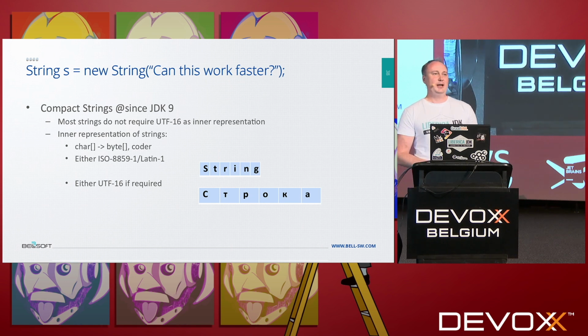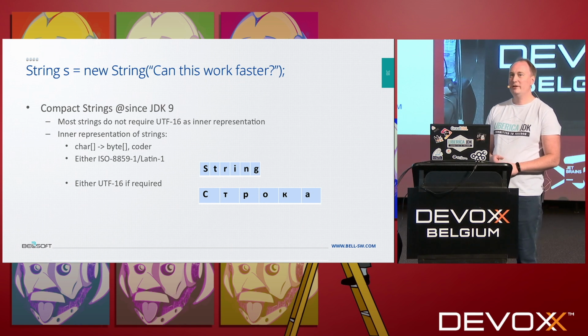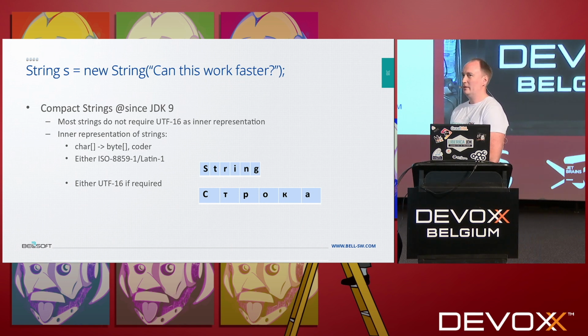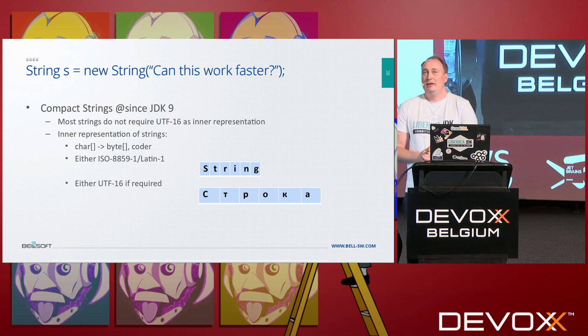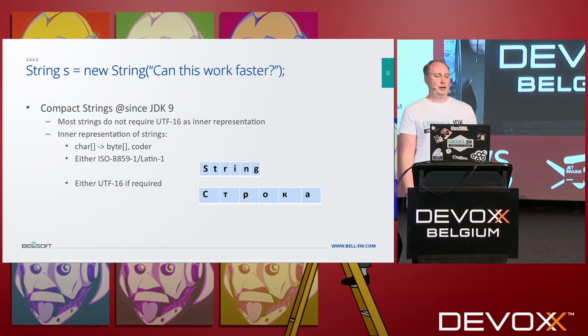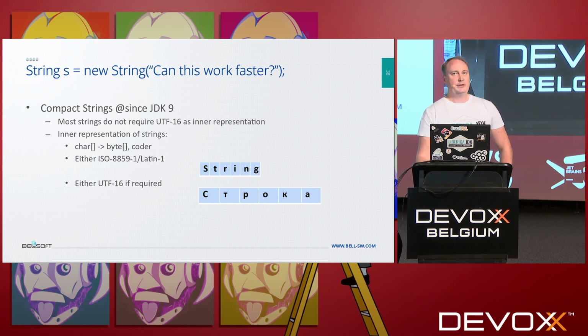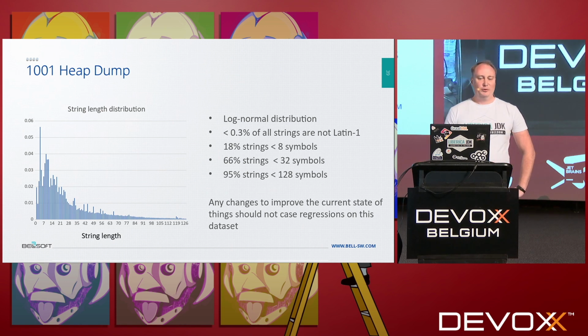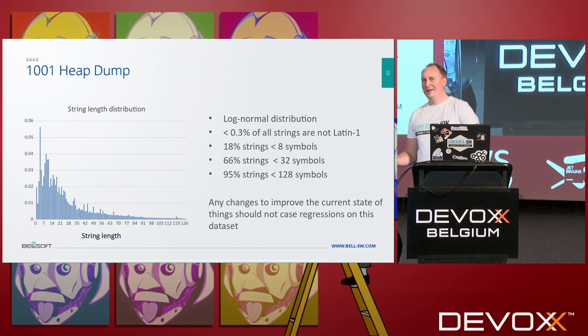Of course, JDK 8 is the best JDK ever, but since JDK 9 we have compact strings. So any string may in fact be represented in memory as a Latin-1 string or as a wide string. What else is interesting about strings is that you have a typical program if your strings are less than 32 characters, of course if they are also Latin-1.